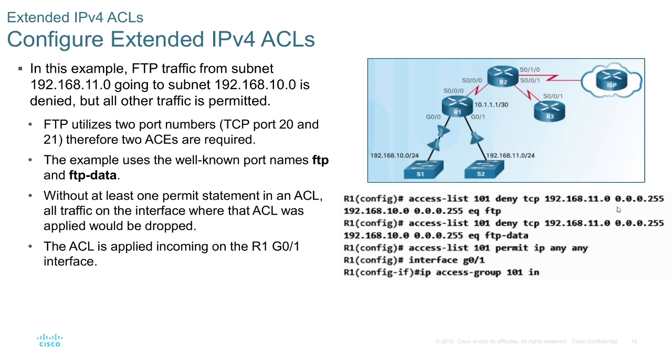So here we will have a deny statement with the source network as well as the destination network, and also specifying that it is FTP. So again we have deny, the source network, the destination network, and then the FTP data protocol. So we want to block both of those.